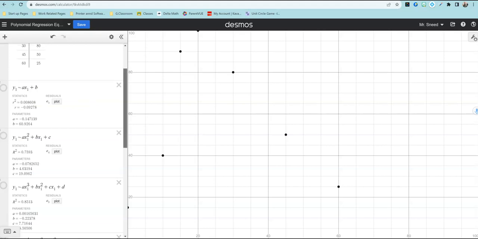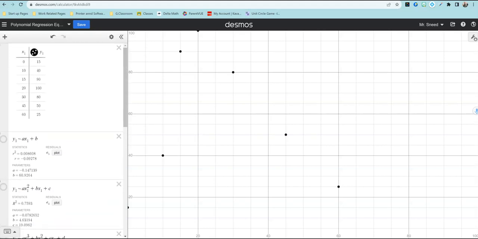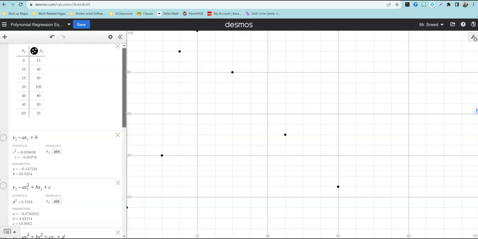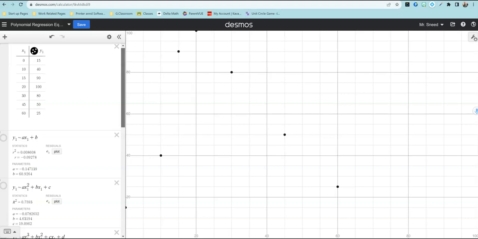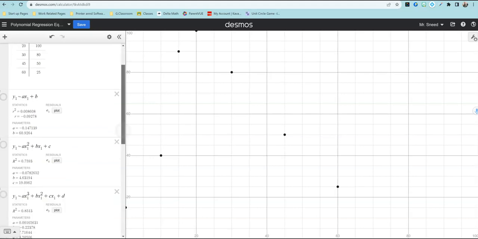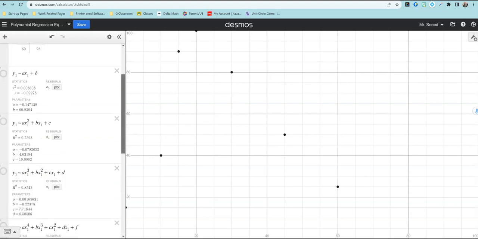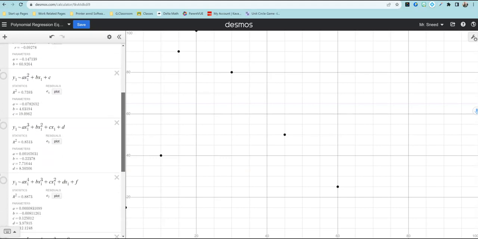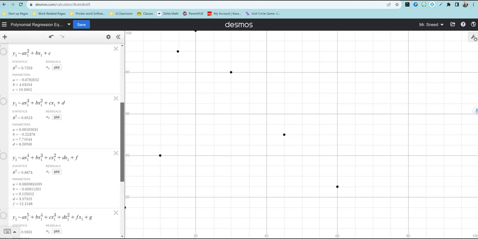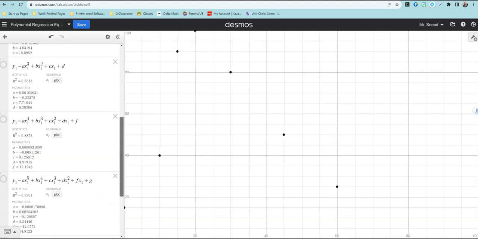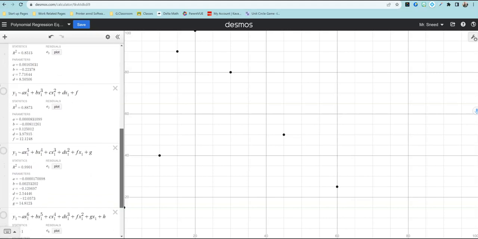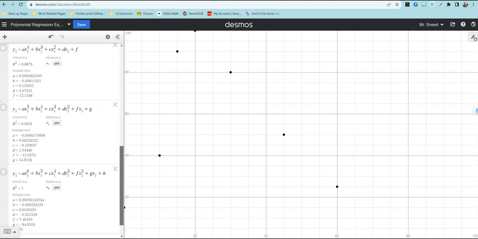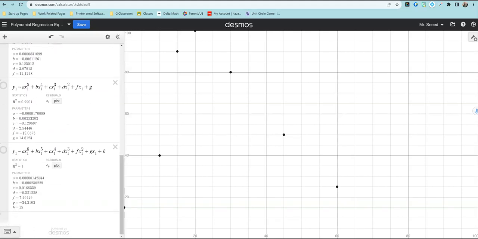In the tables is where you put your values, and you'll notice the very first thing in the list is the regression for a linear function. Then a quadratic function, then a cubic function, then a quartic function, degree 4. And then a quintic function, and a function to the 6th power.